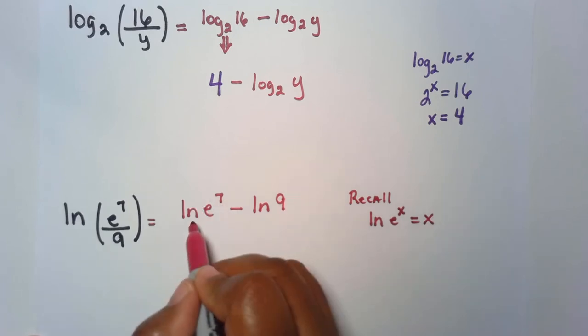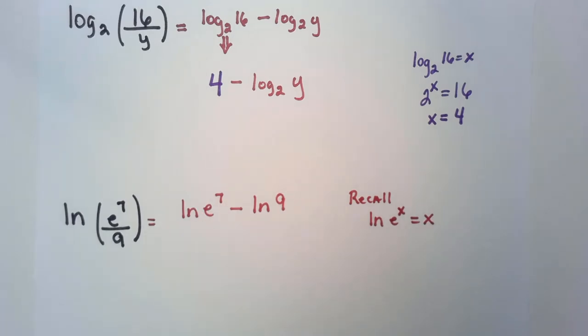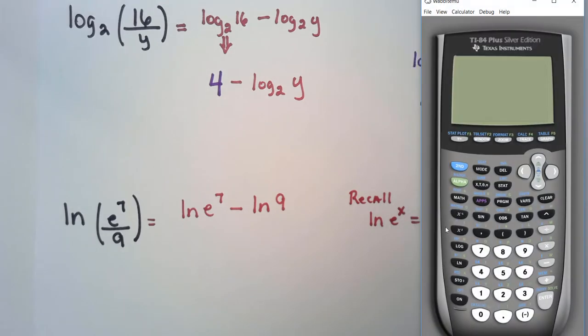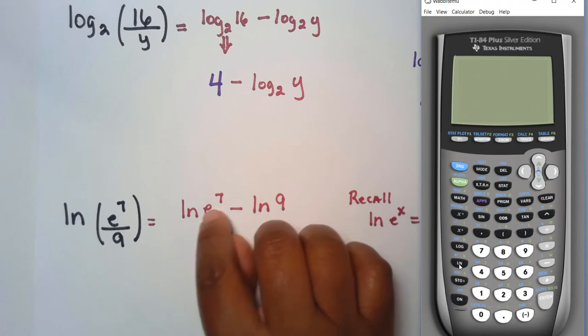Okay, and I want you to see this, I'm going to bring up the graphing calculator for a second. Let's turn it on. Let's clear it. So here's your ln button.